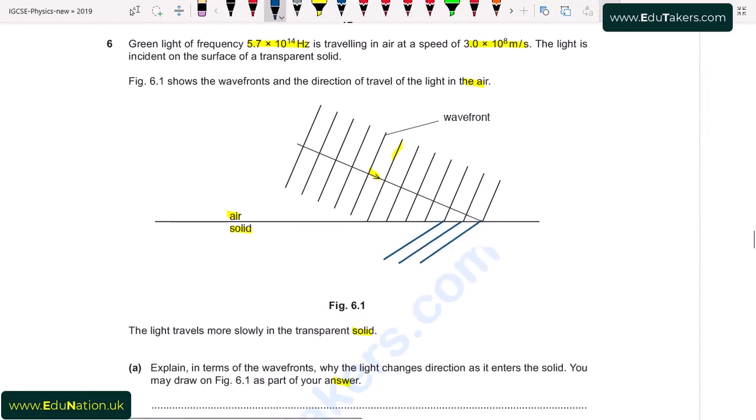So in this case, the direction of this wave changes. We have to explain why the direction changes.